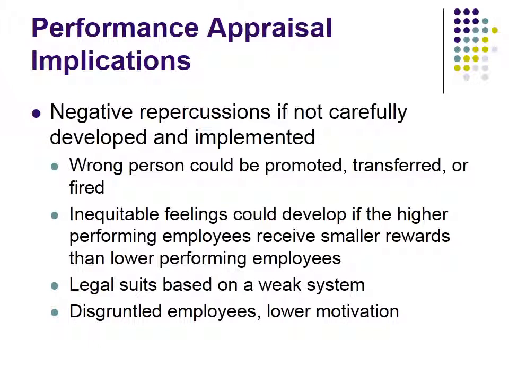If the reward system based on performance appraisal is not mapping on to those perceptions, the result can be that your top performers become unmotivated and your lower performers basically think that they're doing better than they are. Legal suits are much more common when there's a weak performance appraisal system, and legal suits are much more likely to be successful when there's a weak performance appraisal system.